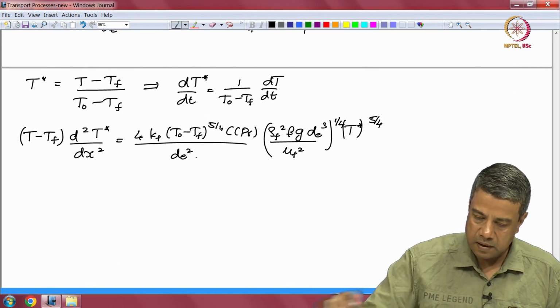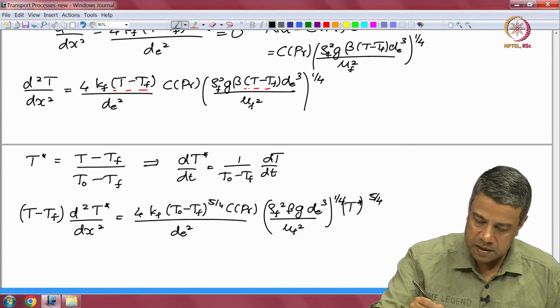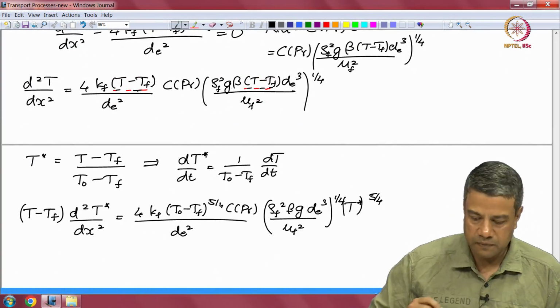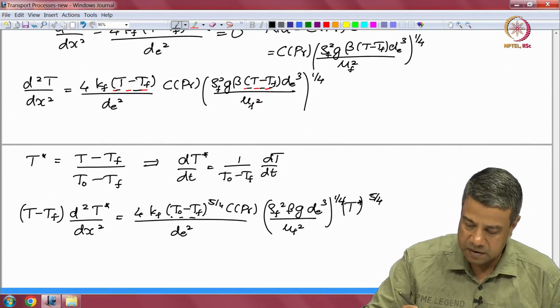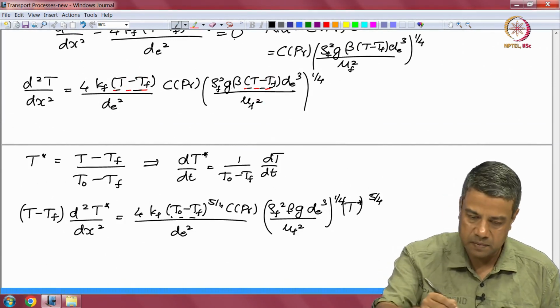Note that I have written T minus Tf power 5/4 as T naught minus Tf power 5/4 times T star power 5/4.